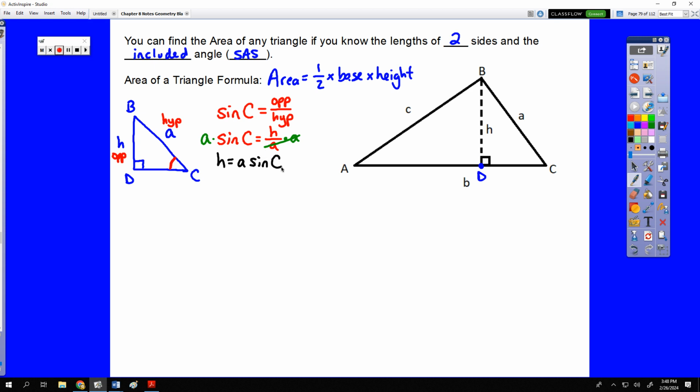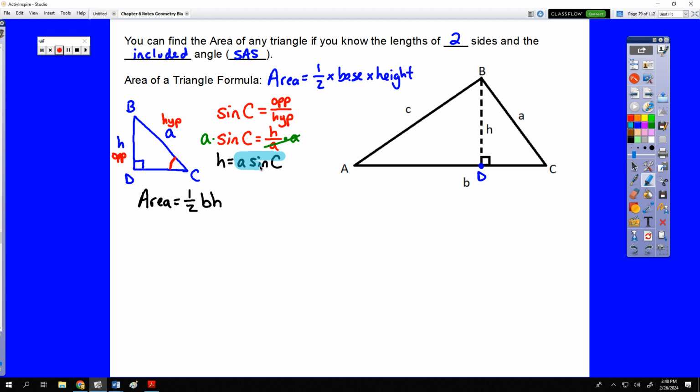Now, if we go back to the original area equation, which we said is area of any triangle is 1/2 base times height, the way this triangle is drawn, B is the length of the base and H is the height of the triangle. Well, if we don't know H, that's not a big deal because we know algebra.